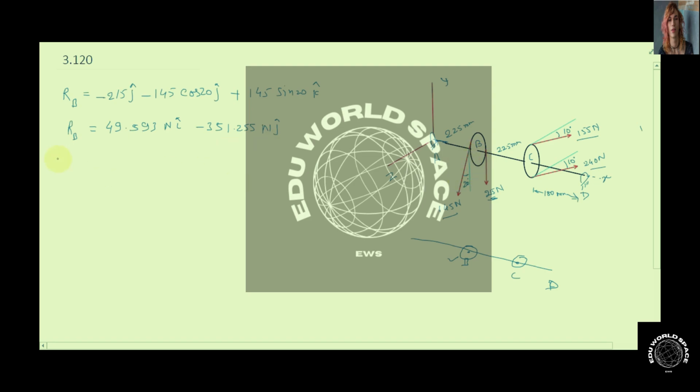Now calculating the equivalent moment at point B. Since we have calculated the equivalent force because of these two, they are going to cause a couple also at point B. The equivalent couple can be calculated by considering the direction by the right hand thumb rule. We can get that this 145 Newton force is going to cause a couple about point B in positive I cap, so in the plus x direction.